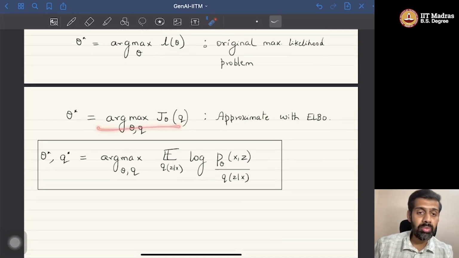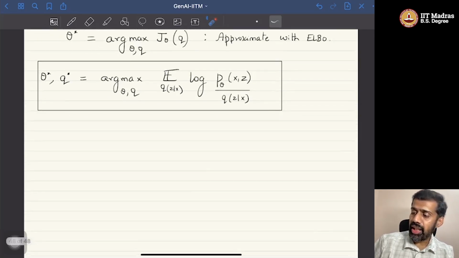However, it cannot be guaranteed that optimizing the lower bound will ensure that we will reach the global optima for the likelihood function. However, under a latent variable model, we cannot optimize the log likelihood directly. So there is no other option, we have to resort to optimizing a lower bound on it.